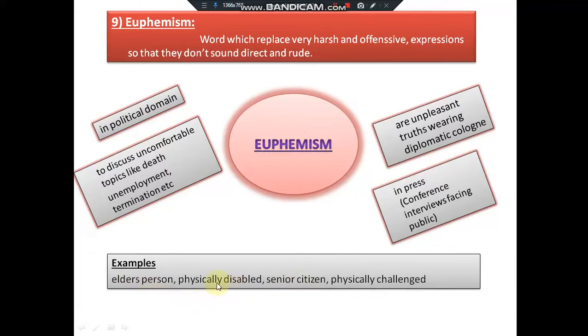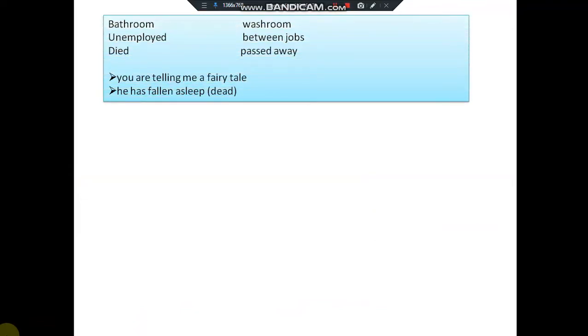If someone is physically disabled, that seems quite odd, or even inhuman, so you must use physically challenged person. Instead of bathroom, you might use washroom. Instead of unemployed, we can say he is between jobs. And if someone has died, we must say he passed away. So these are the examples of euphemisms.